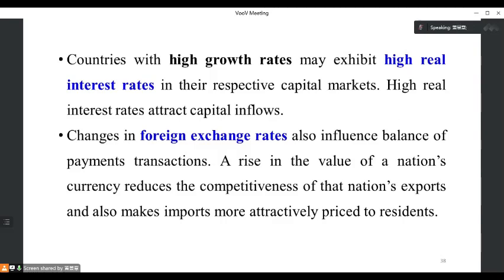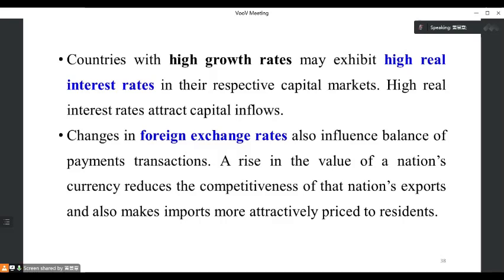So from this paragraph, we should understand that the real interest rate increase or decrease will influence international capital inflow to this country or outflow from this country. Then it will change the balance of payments.